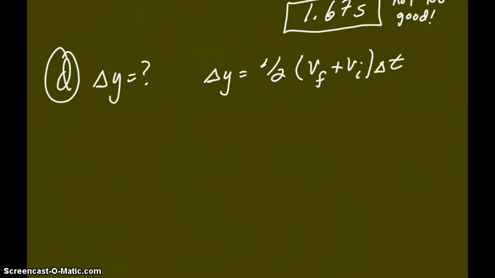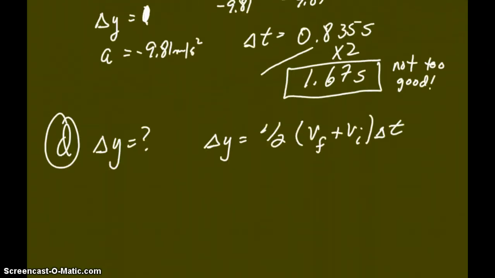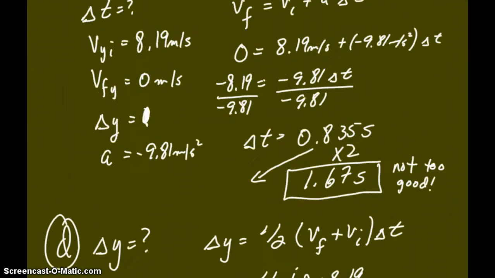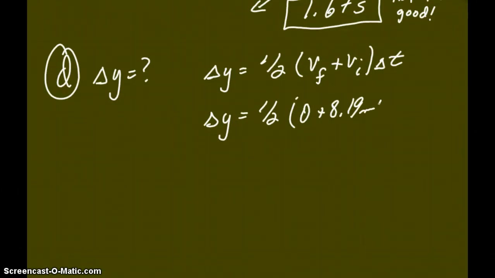Delta y equals 1/2 vf plus vi times the change in time. Now remember, this word about the height, so we're only going to use this time, that delta t, because that's the time it takes for it to get to the height of its path. So delta y is equal to 1/2, final velocity is 0, plus 8.19 meters per second times 0.835 seconds.